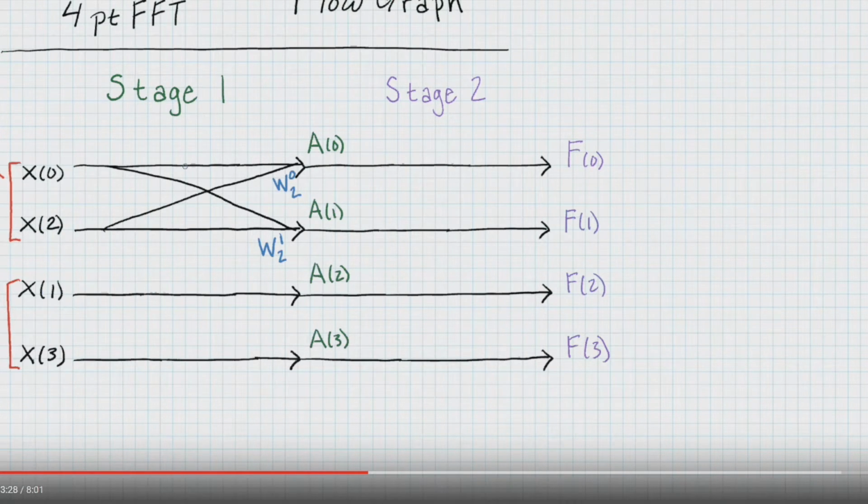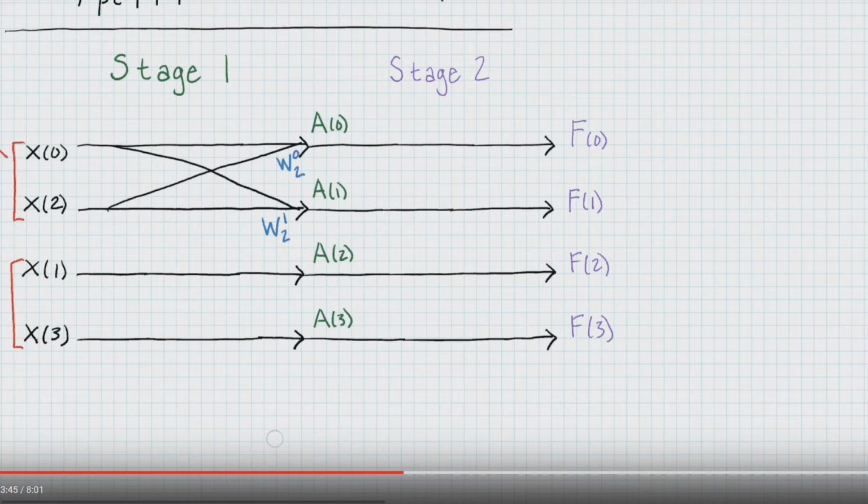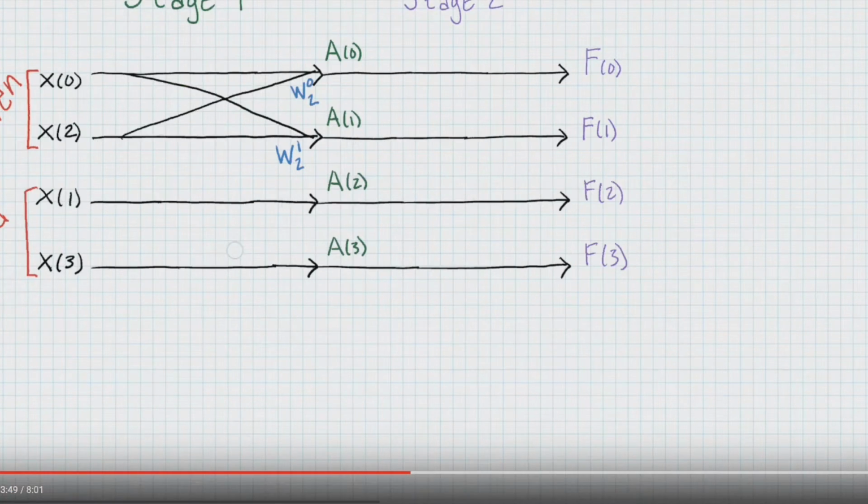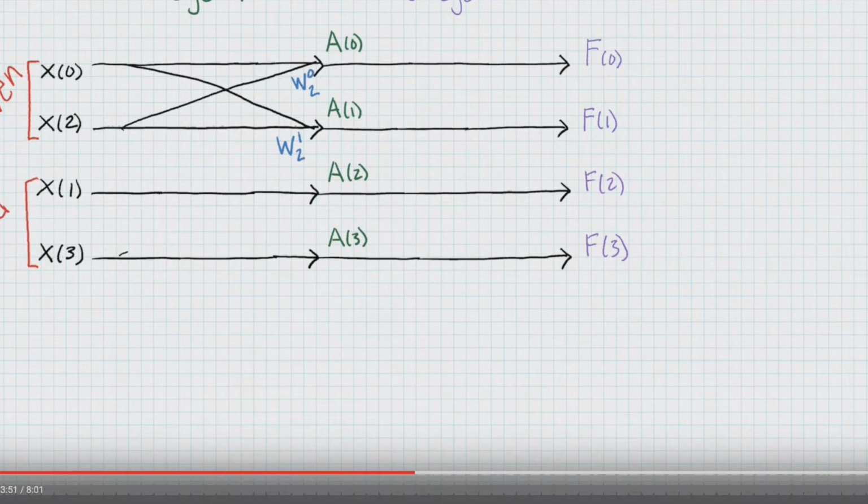For the A of 0, our x of 2 multiplied by W0 of 2, added to x of 0, straight multiplication by 1. Same for A of 1, the x of 0 multiplied by twiddle factor W1 of 2, added to x of 2. So I'll go in real quick and do the same thing for our A of 2 and our A of 3. It'll be an exact repeat of what we did right above.